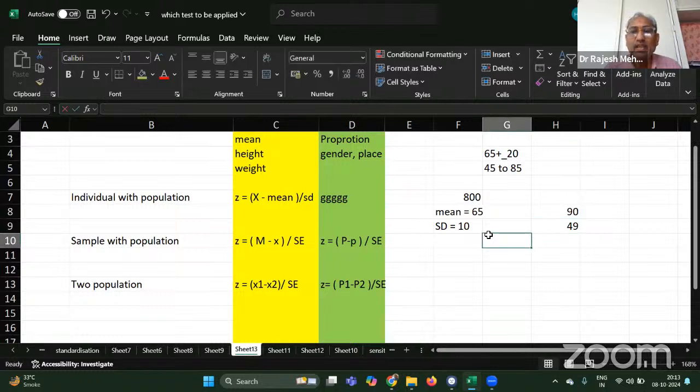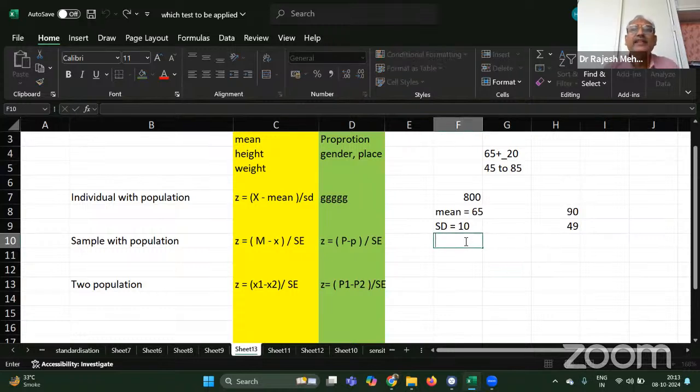Now, in terms of Z, when I want to apply Z and tell whether this is a comparison between an individual and the population, the individual student performance you want to compare with the population of 800 students. When I apply the Z test, Z is basically comparing the expected value and the observed value.